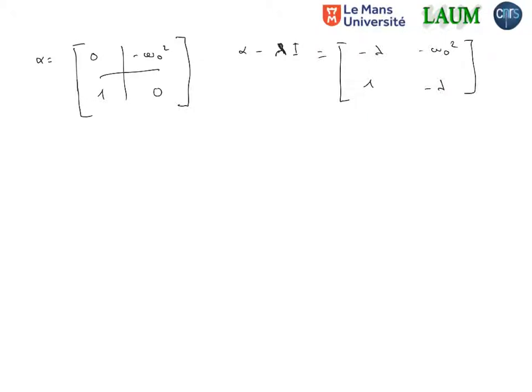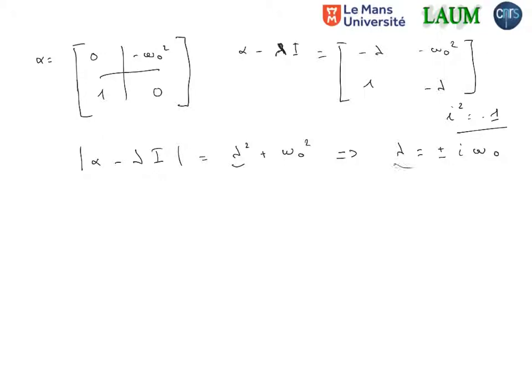And then the characteristic polynomial, which is the determinant of alpha minus lambda times the identity, is equal to lambda square plus omega 0 square. If we find the roots, then we have that lambda is equal to plus or minus I multiplied by omega 0, where I square is equal to minus 1. So this is the imaginary number.